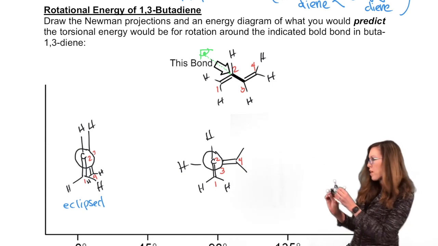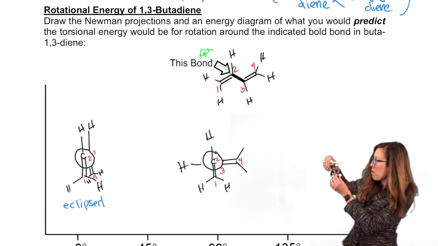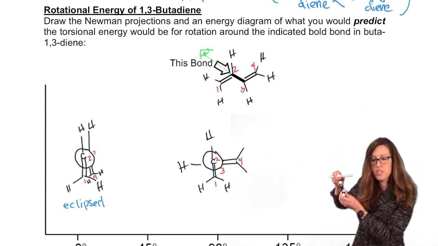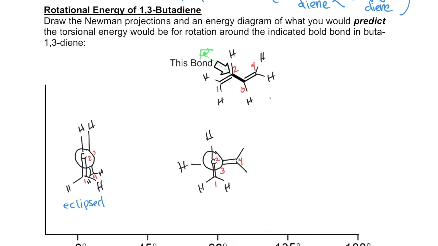And now let's skip all the way to 180. That means they're opposite again. That's actually how they're drawn originally at the top here. So 180. I'm going to keep the front the same to keep it simple. But remember, the back's going to be opposite now. Now that CH2 is up here.